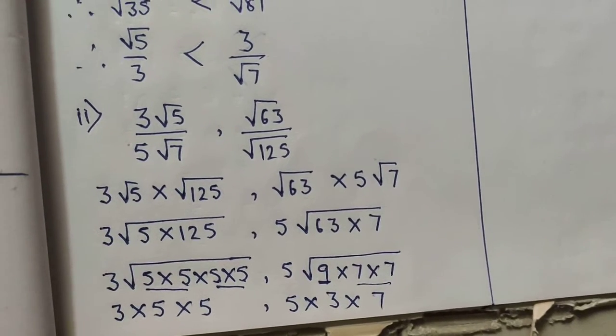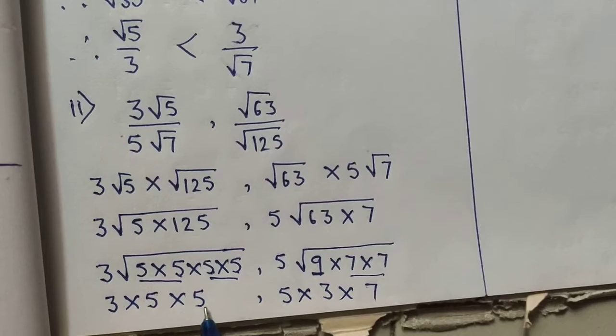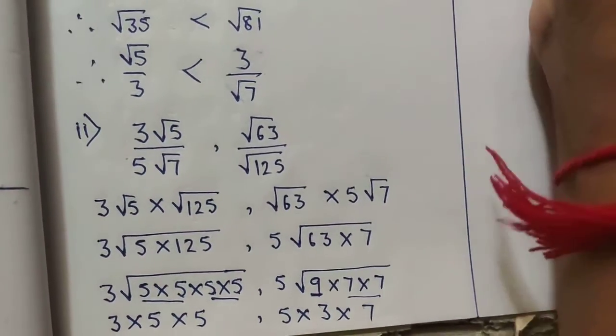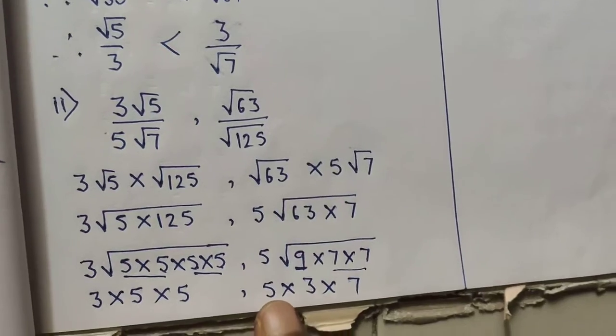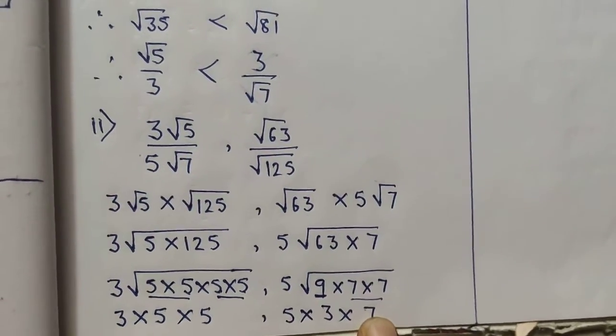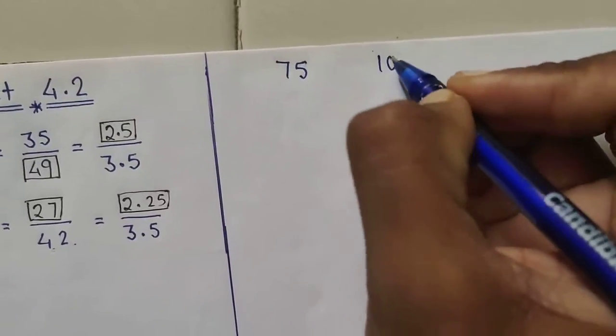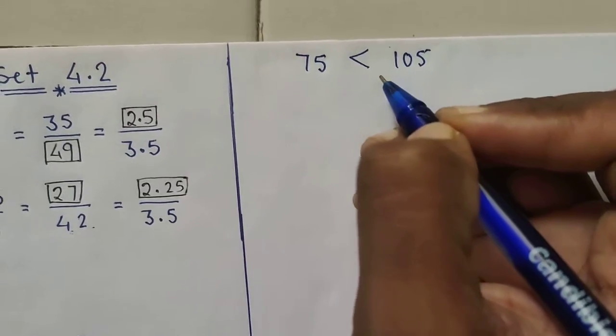Okay. So what you are going to get here? 3 5s are 15, 15 5s are 75. So in the first case you got 75, and in the second case you are going to get 5 3s are 15 and 15 7s are 105. Okay. So now you can easily tell me which one is greater. 105 is greater.